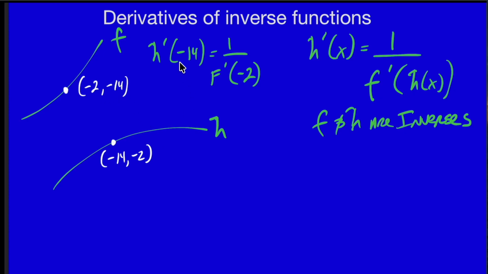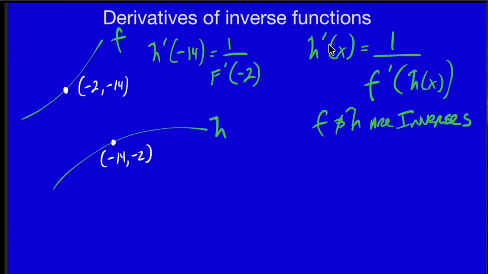So look at what we did here. To find the derivative at negative 14 on the inverse graph, we took the reciprocal of f prime at -2. So that's what this general formula is saying.